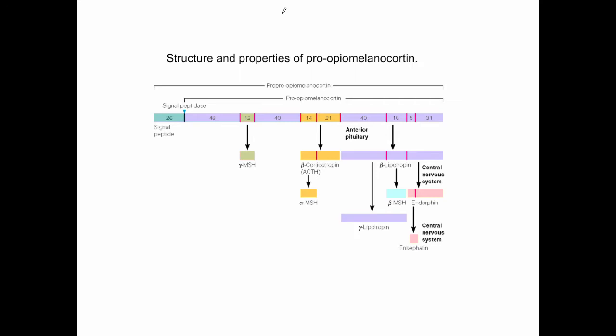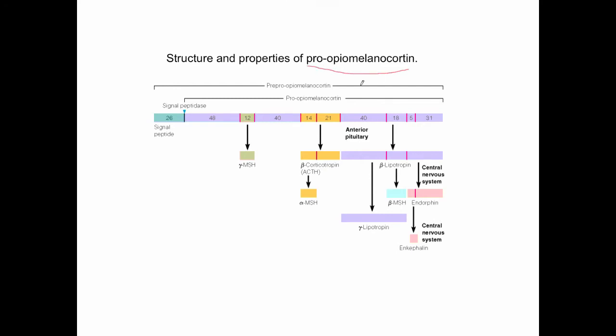Now, the terms that we use to describe these precursors, sometimes we call them pre-pro or pro. Okay? So, an interesting example of how this process works is a protein sequence that we refer to as the pro-opiomelanocortin sequence.